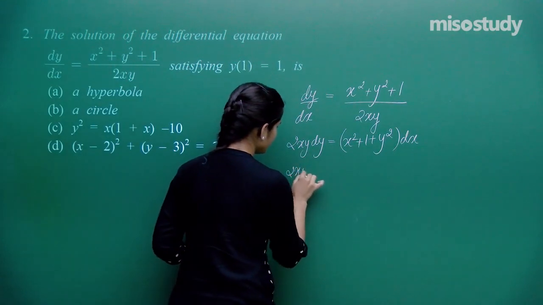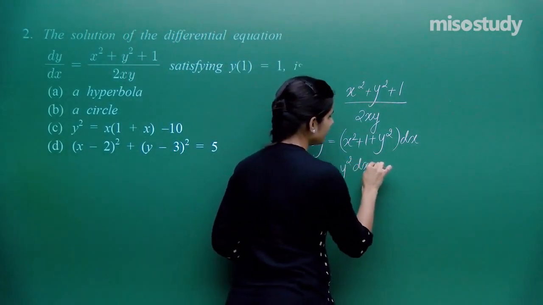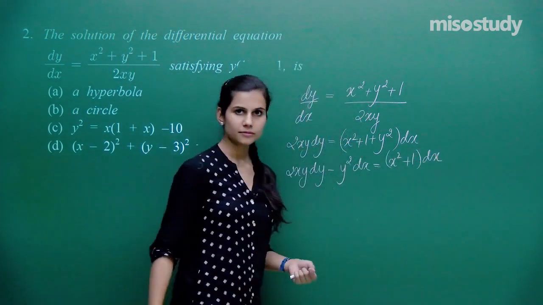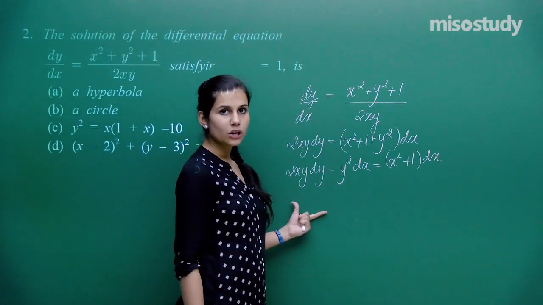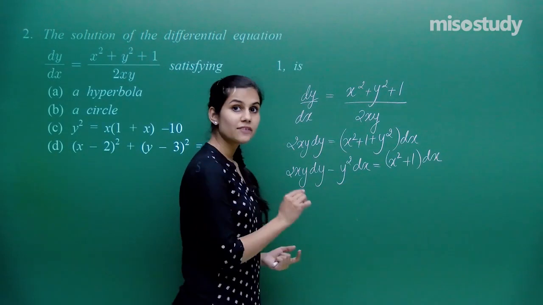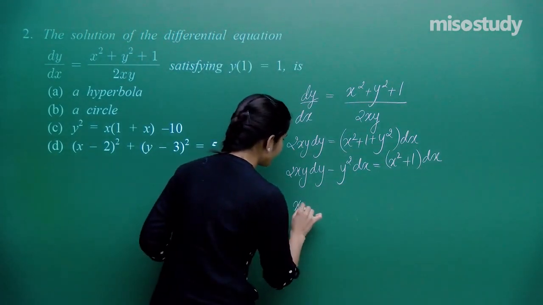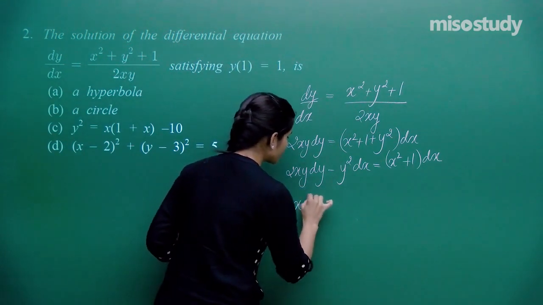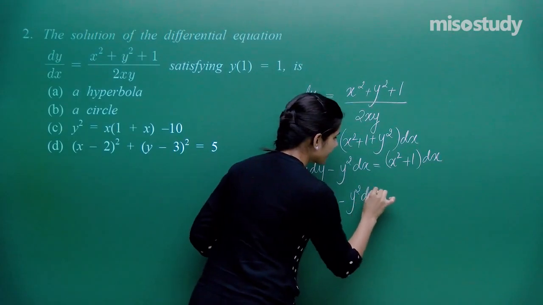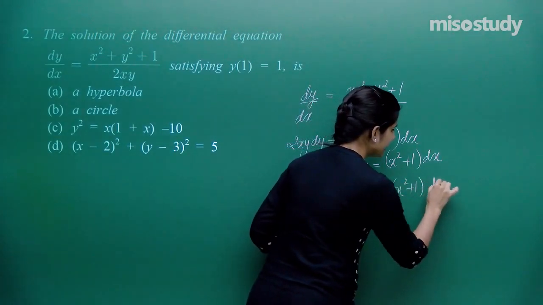Now see, this is 2xy dy minus y square dx equals x square plus 1 dx. Try to recall the formula of d of y by x, right? What was it? It was x dy minus y dx upon x square. Similarly over here, if you try to create the pattern, this is 2y dy, which is actually d of y square, minus y square d of x equals x square plus 1 dx.